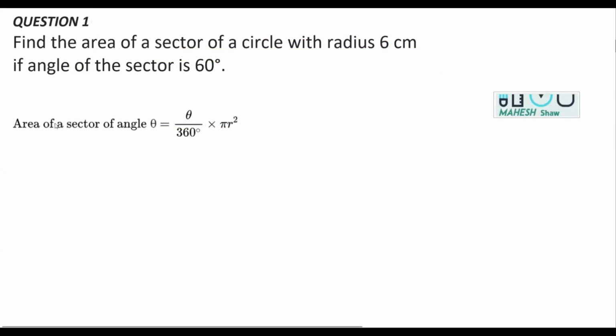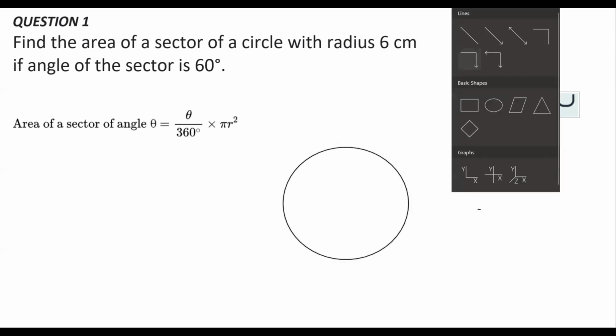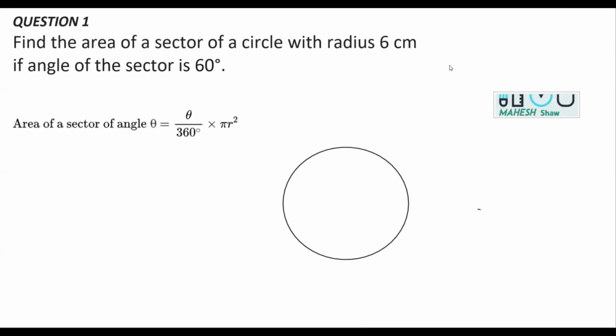In the next question, we have to find the area of a sector of radius 6 centimeter. The angle of this sector is 60 degrees. So it's a very easy question here. Let me first draw the sector over here. I draw a circle first, and taking the center as, say, this one, I'll draw another line.